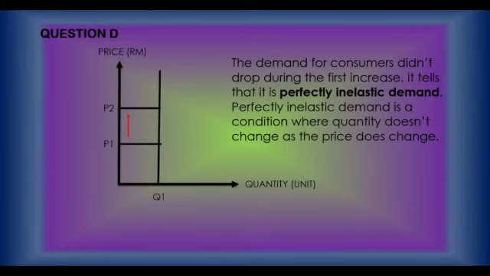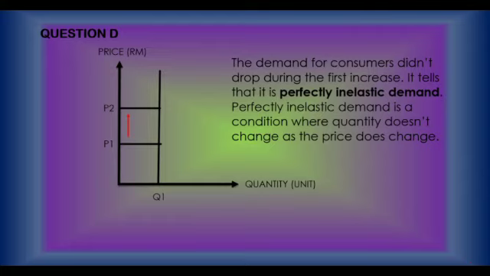Okay, next is question D. Question D is, in the first paragraph, it is mentioned that the demand from consumers didn't drop during the first increase. What does this tell you about the price elasticity of demand for tire tubes? So the answer is, the demand from consumers didn't drop during the first increase.